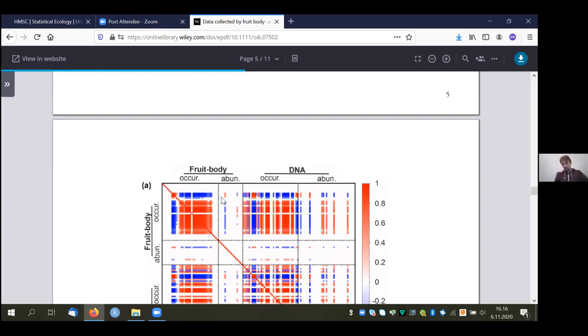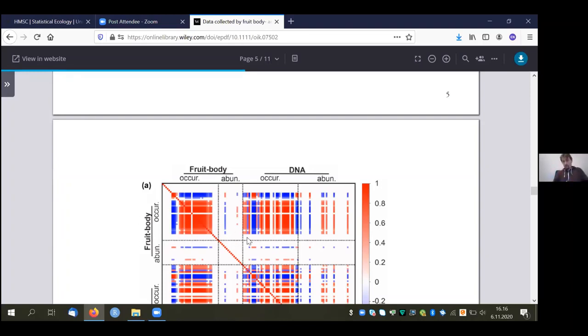For fruit body data, we didn't have the abundance data for all species because they were simply not measured, but many of the species are there 4 times in 4 columns of the same HMSC model. So there are fruit body occurrence, DNA occurrence, fruit body abundance conditional on presence, and DNA abundance conditional on presence, measured in various ways.